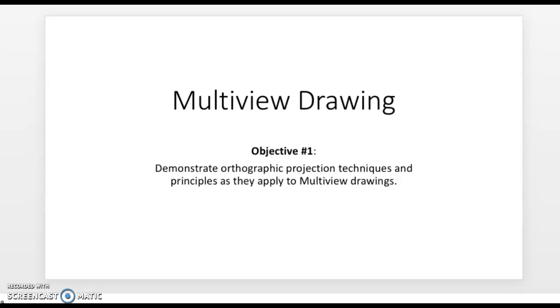So objective number one is students will be able to demonstrate orthographic projection techniques and principles as they apply to multi-view drawings. The term orthographic projection is the technical term for a multi-view drawing. So if we talk about an orthographic projection, we are also talking about a multi-view drawing.